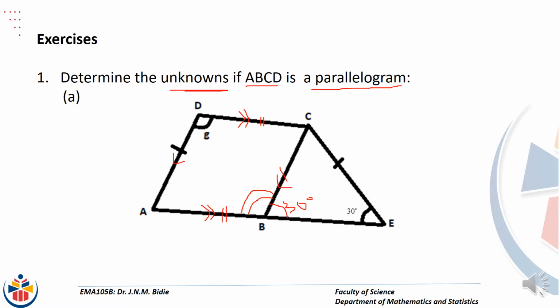So angle ABC is equal to 150 degrees, and therefore because opposite angles of a parallelogram are equal, we are able to say that G is also equal to 150 degrees.